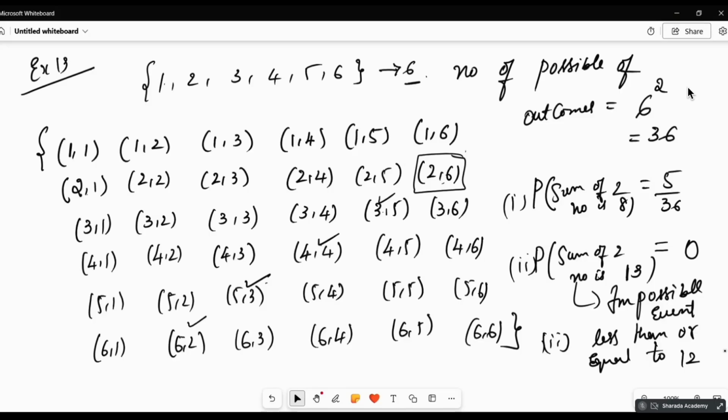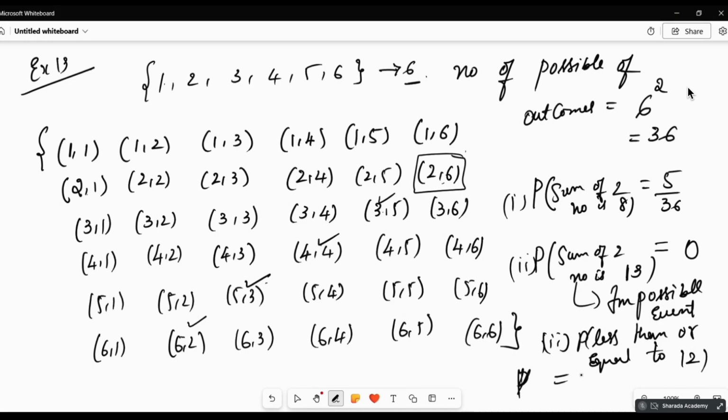How much? 36. Good. Why 36? Because the maximum is 6 plus 6, 12, you will get. Less than or equal to means everything will come in that. So it is a sure event. All the possible numbers are the probability of this. So it will be 1.